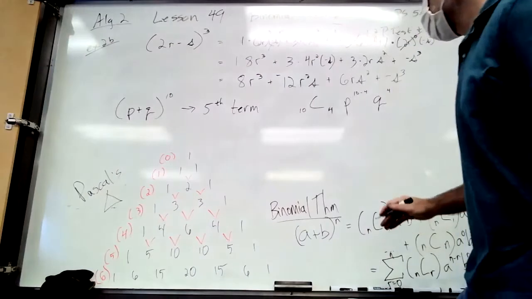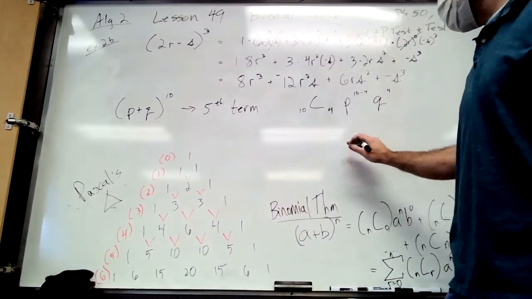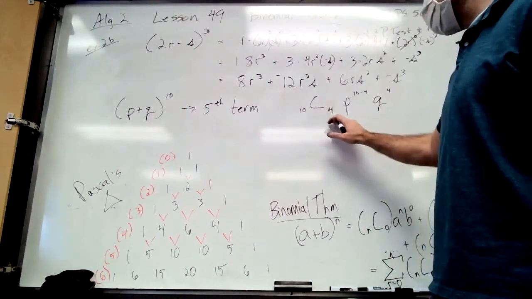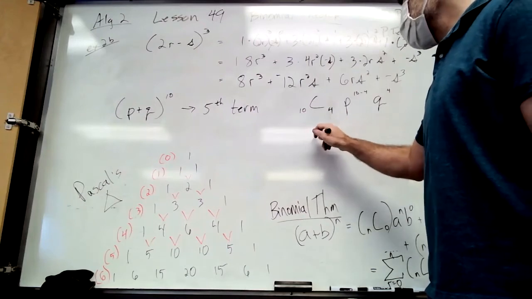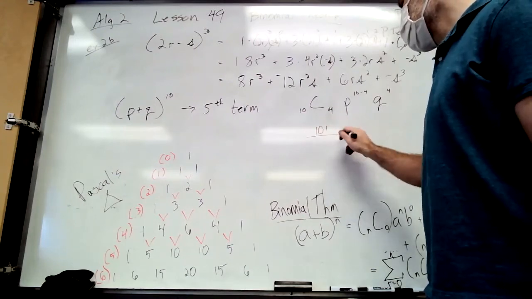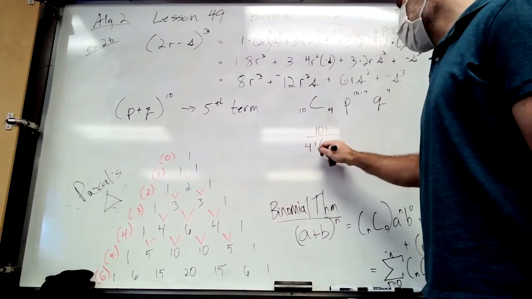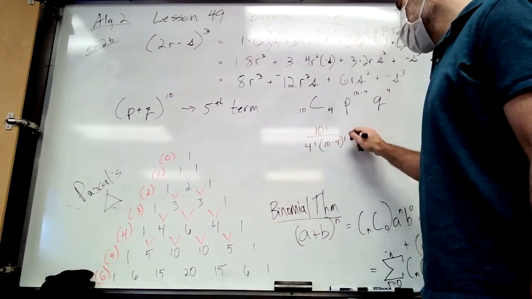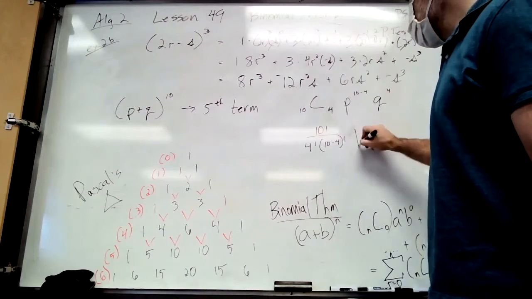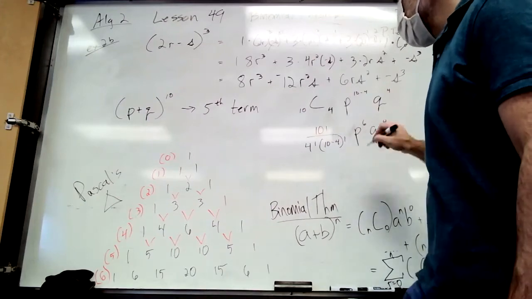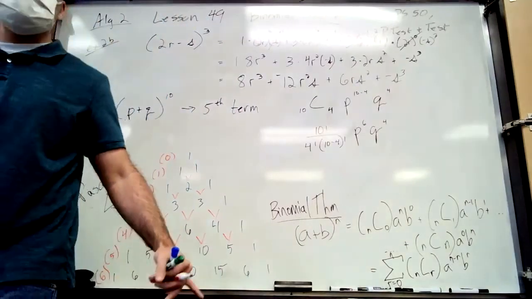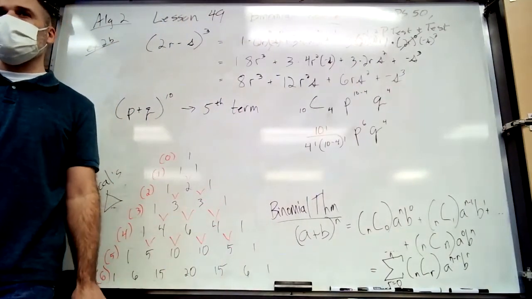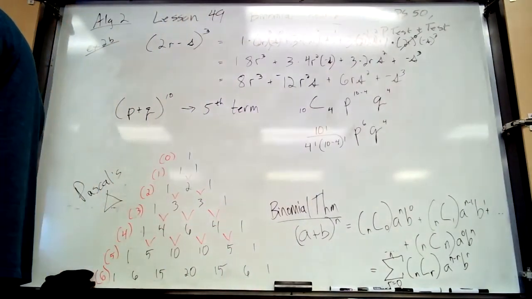Okay, so let's do that. So the combination of 10 objects taken 4 at a time would be 10 factorial over 4 factorial times 10 minus 4 factorial, all times p to the 6th, q to the 4th. So this is the number that is represented in Pascal's triangle, if you were to look that up online.